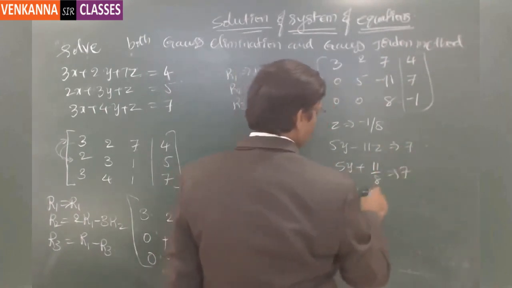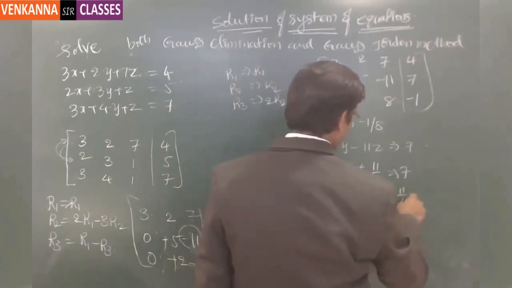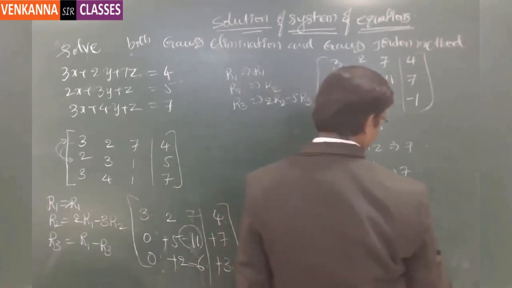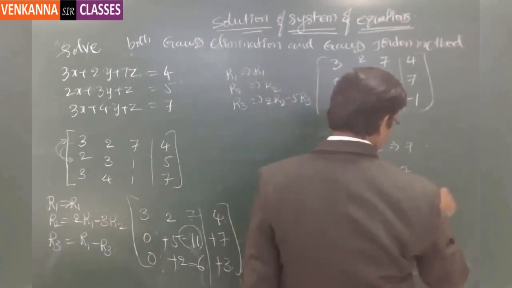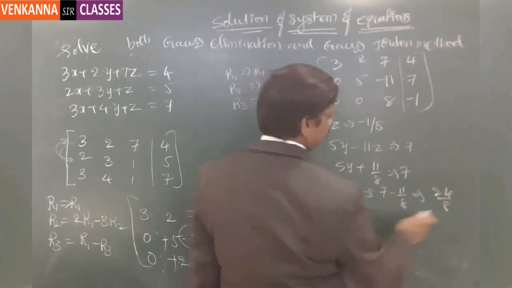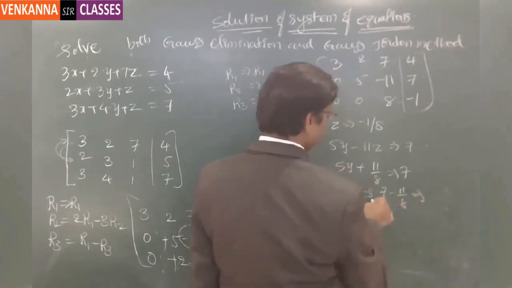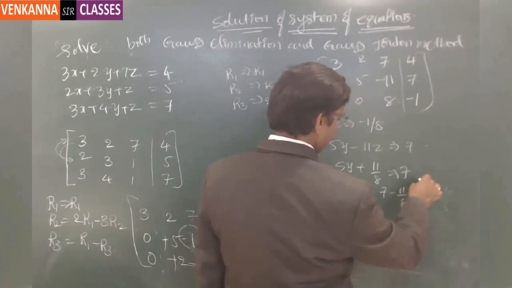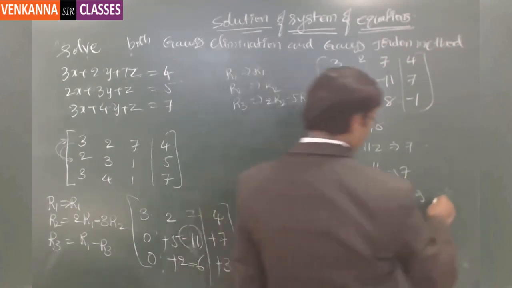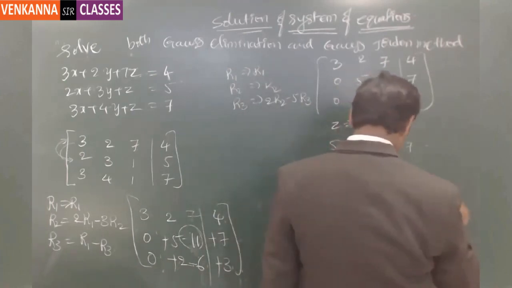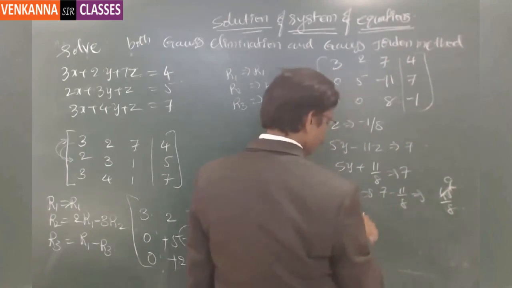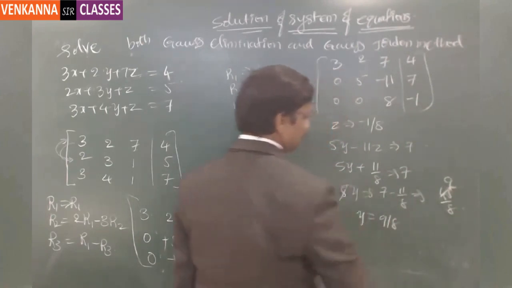And y is equal to 7 minus 11 by 8, this is 5 times, 24 by 8. So y is equal to 9 by 8.